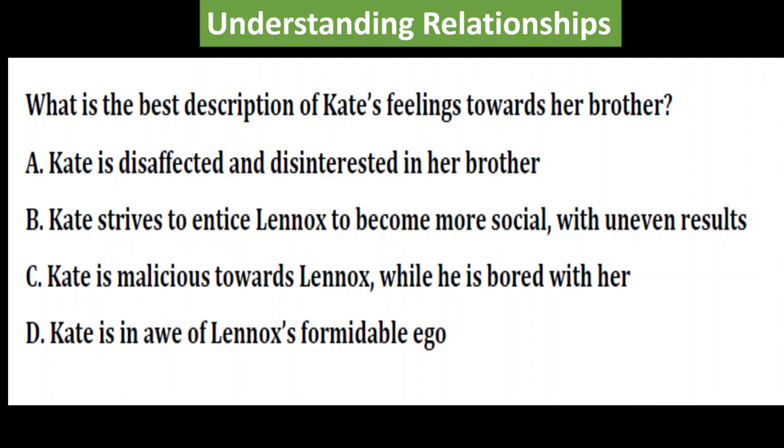According to her behavior and to the account that we have been given in the passage, we should understand whether Kate is disaffected and disinterested in her brother, or she strives to entice Lennox to become more social with uneven results, or she is malicious towards Lennox while he is bored with her, or she is in awe of Lennox's formidable ego.